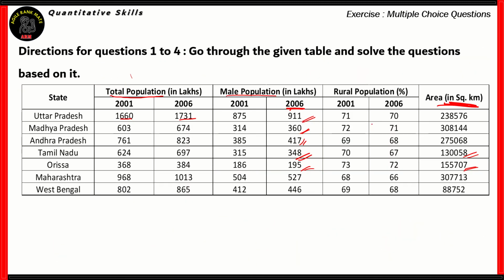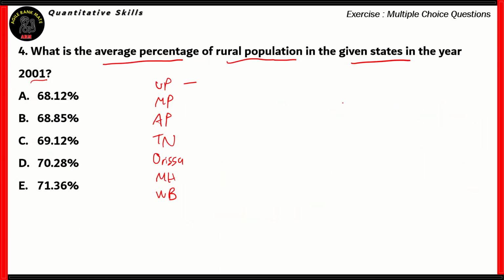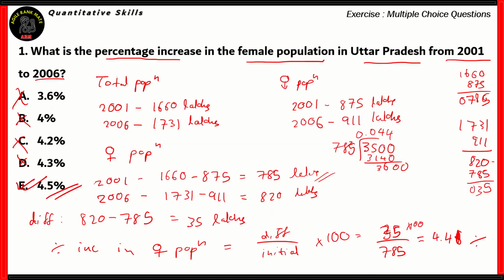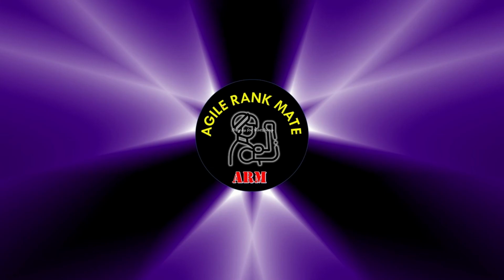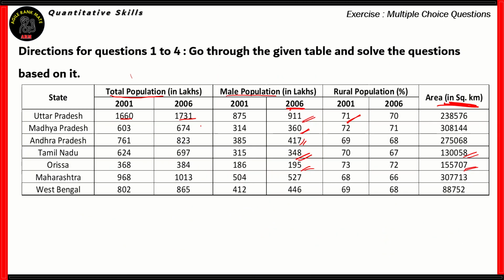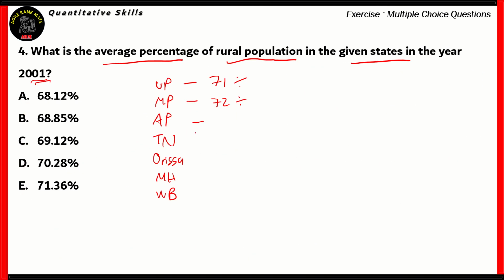Uttar Pradesh has 71% as its rural population in 2001. So as you can see, we're looking for 2001, so 71%. For Madhya Pradesh, it's 72% in 2001. So apparently MP and UP are quite rural states. If you look at Andhra Pradesh, its percentage is 69.